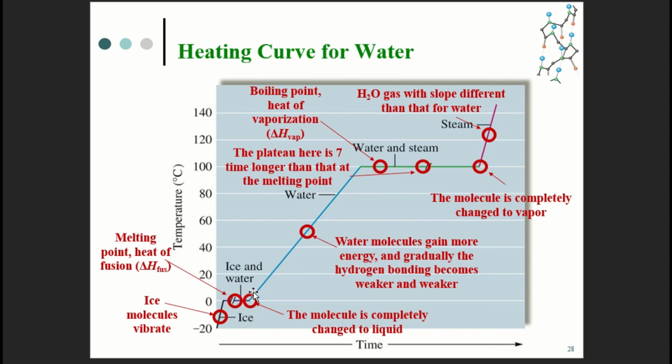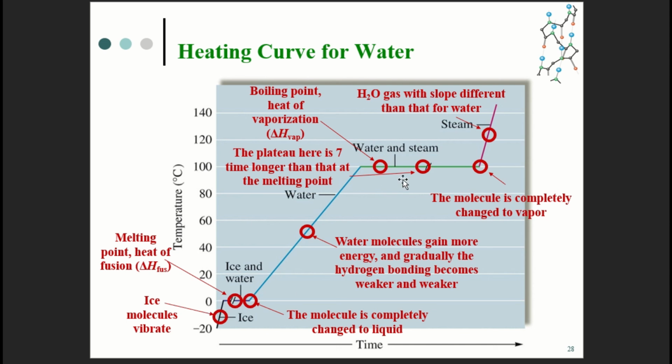Then as the temperature rises further, the molecules of water acquire energy. When they gain more energy, the intermolecular forces gradually become weaker, and they are able to escape from their liquid state. Gradually it vaporizes. As it reaches the boiling point, the liquid is converted into gas. The plateau here is longer than at the melting point.